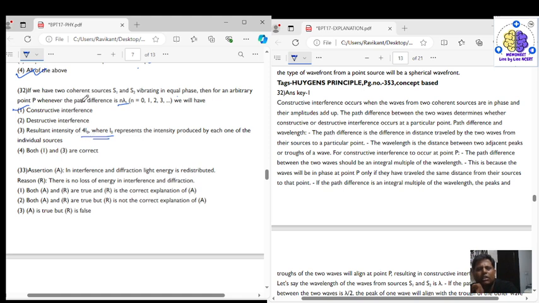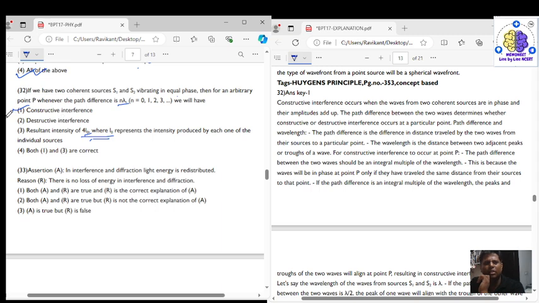If it was said that S1 and S2 have the same intensity I0, then this would have been correct, that the resultant intensity is 4I0, where I0 represents the intensity produced by each one of the individual sources. So this has not been given in the question. If it was given that S1 and S2 have the same intensities I0, then this option would have been correct, right?